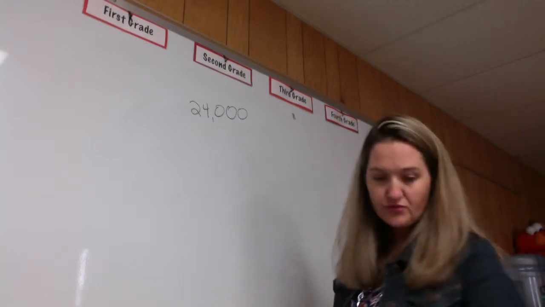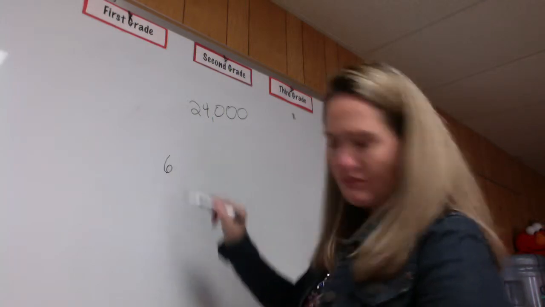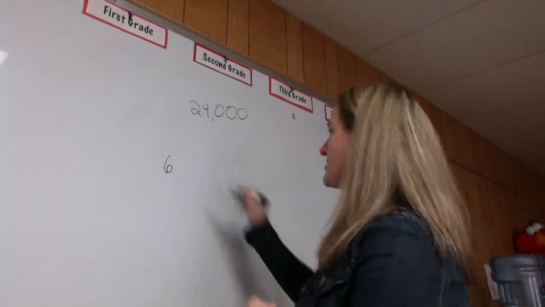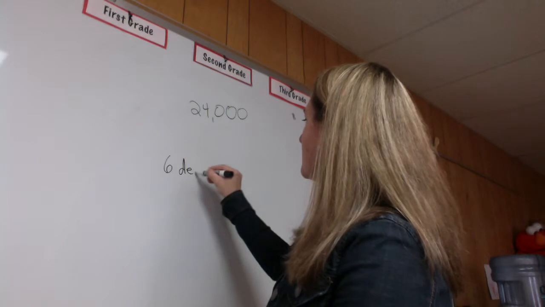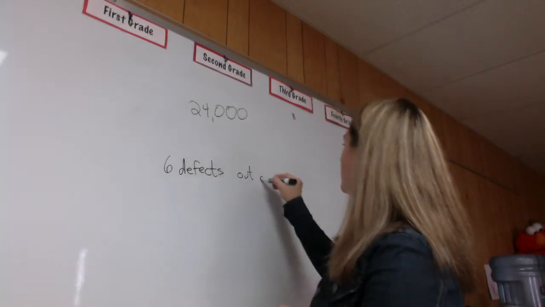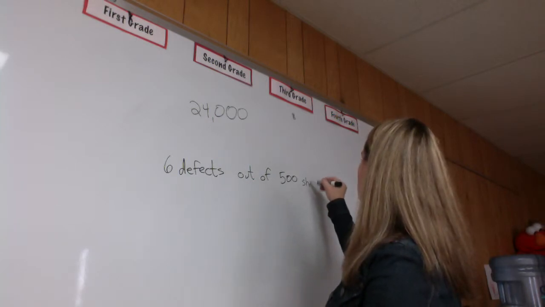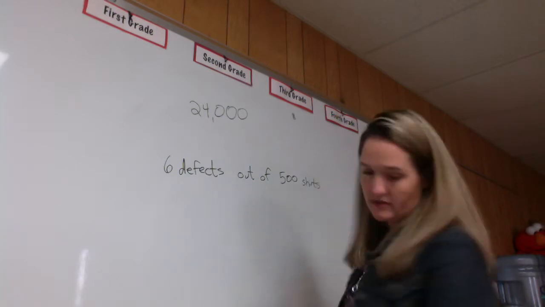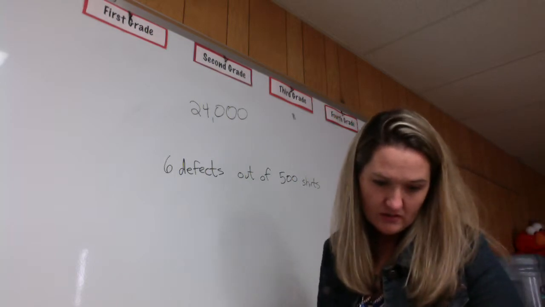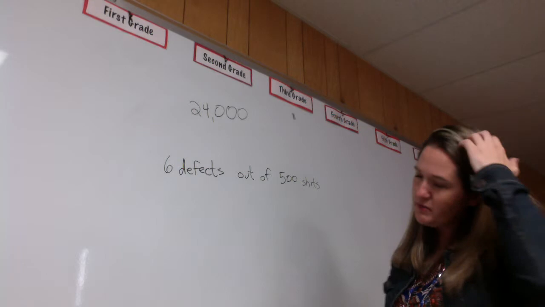For the first one, they say out of shirts, there were 6 defects out of 500 shirts. So let's think about our vocabulary again.